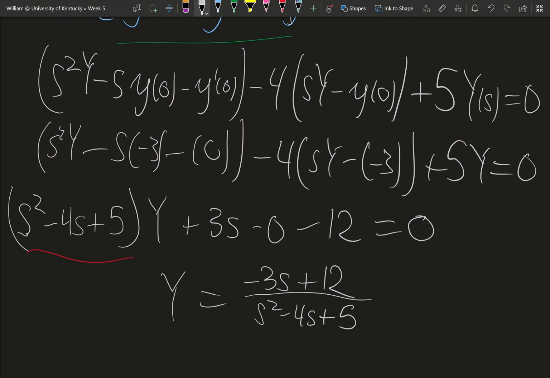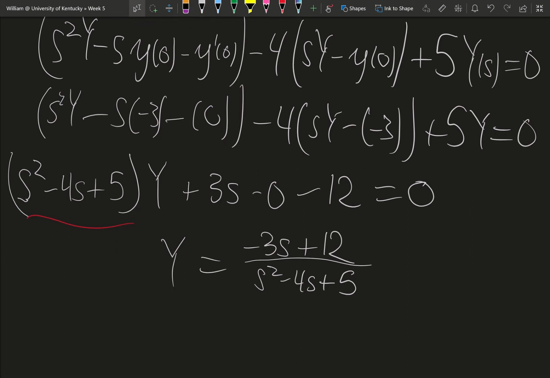So now again, we want to do, sorry, not a Laplace transform, a partial fraction decomposition. And here's what I want to point out. We cannot factor this denominator, but we can rewrite it.